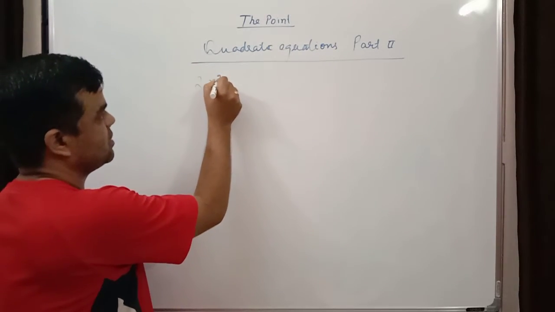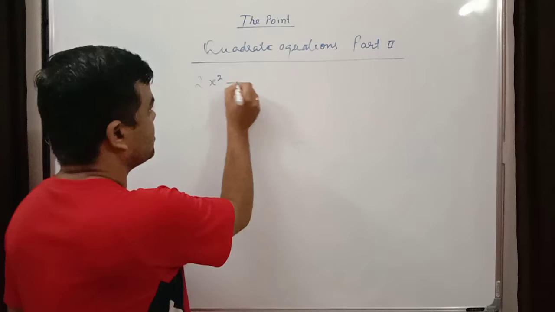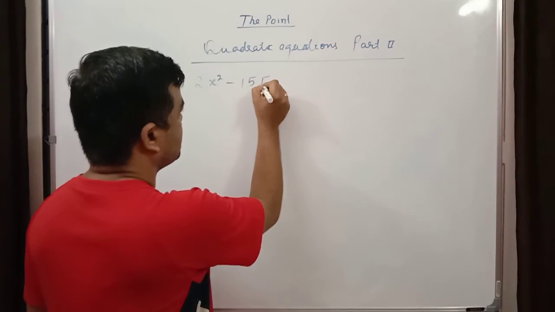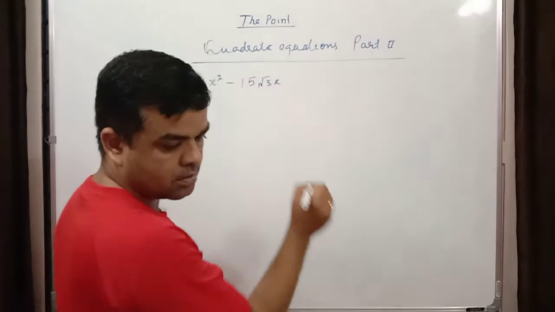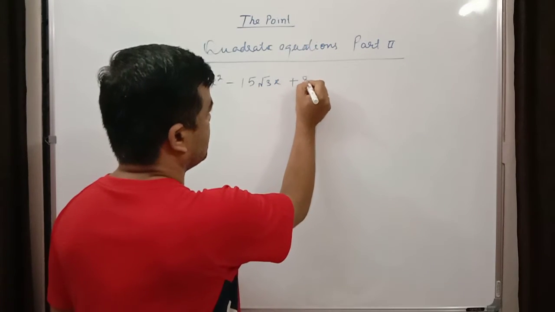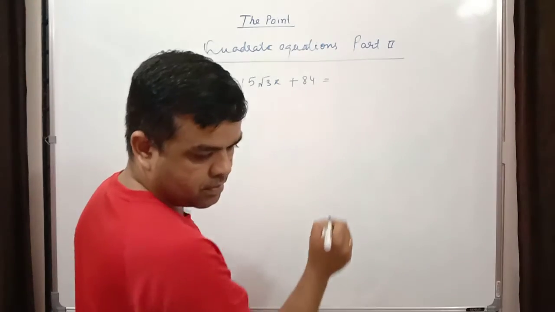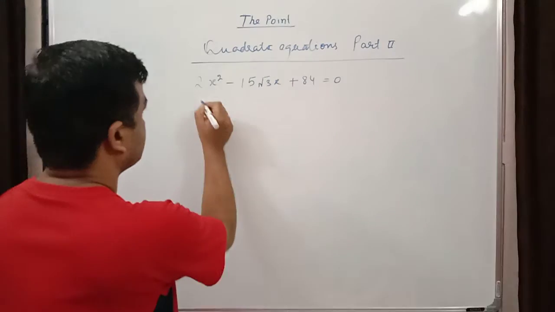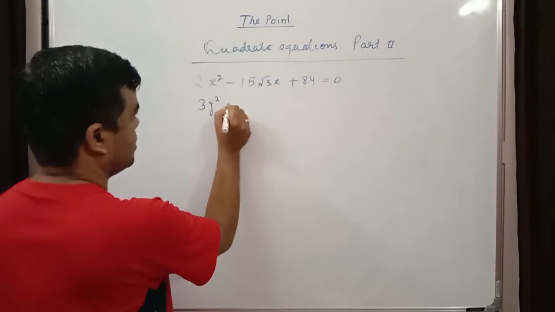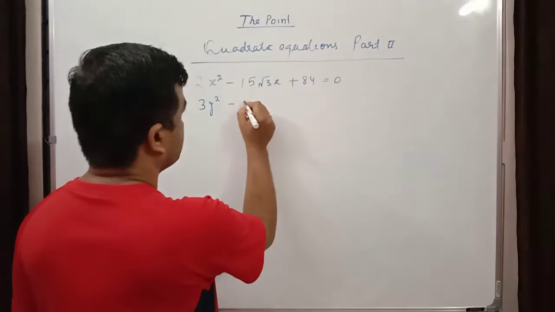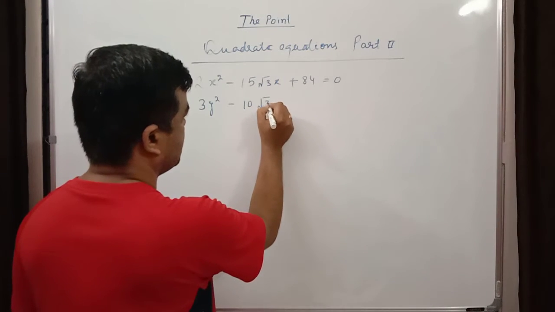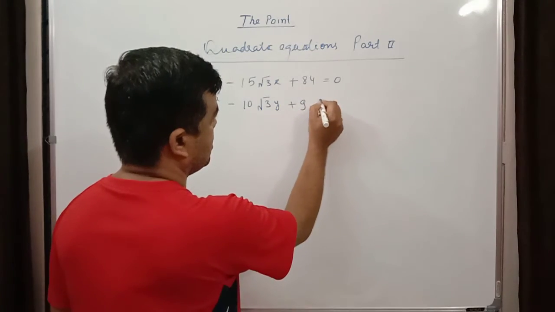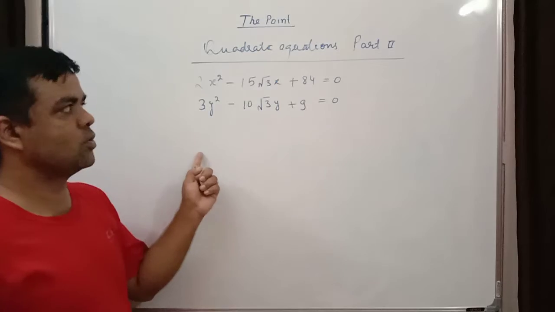This is the one equation, 2x. Okay, this is the one equation. Next, these are the two equations.